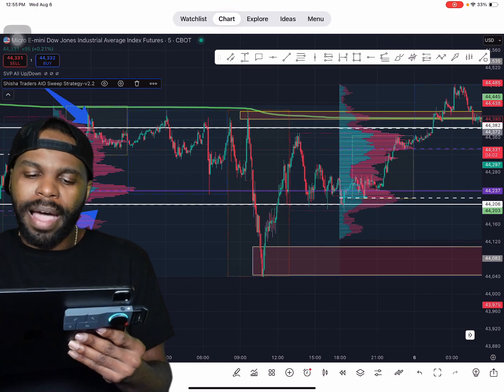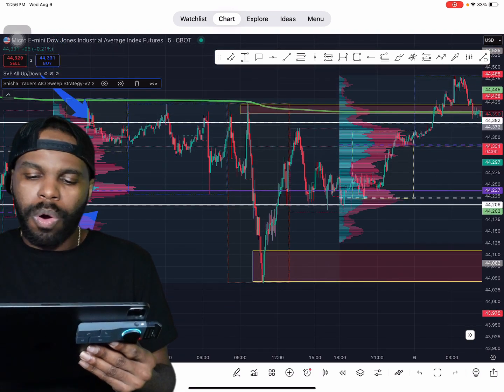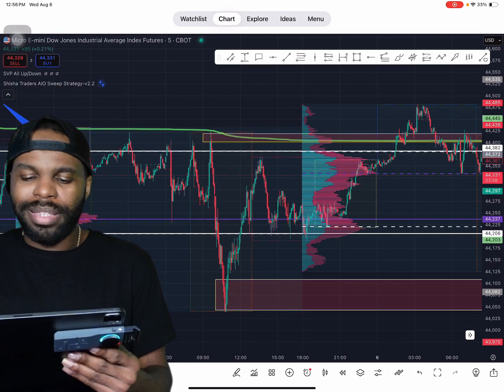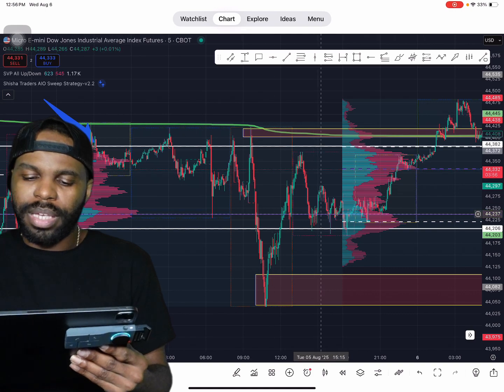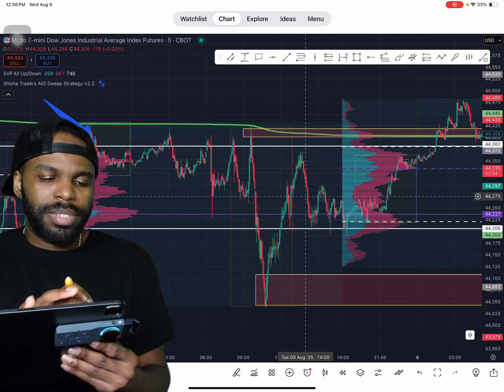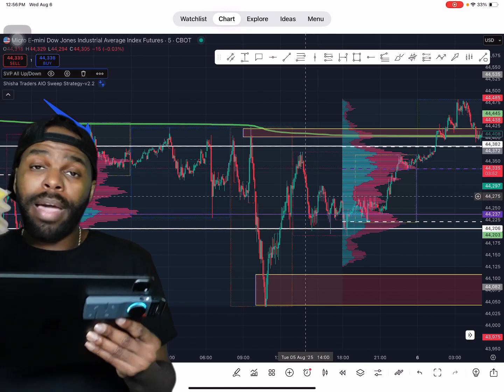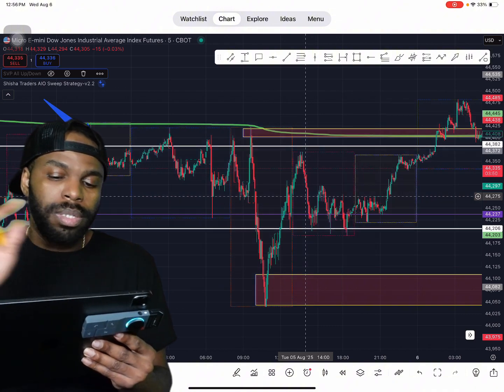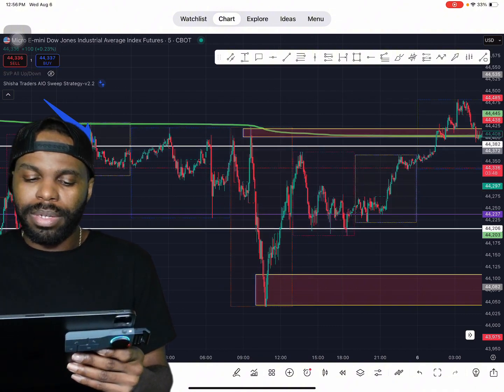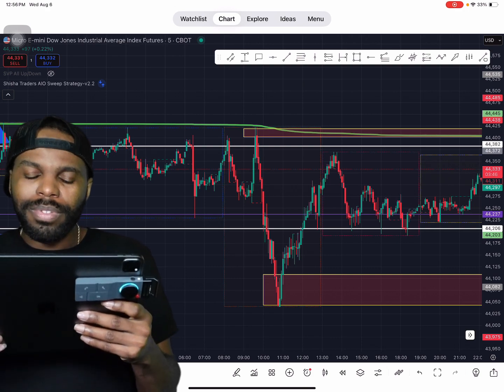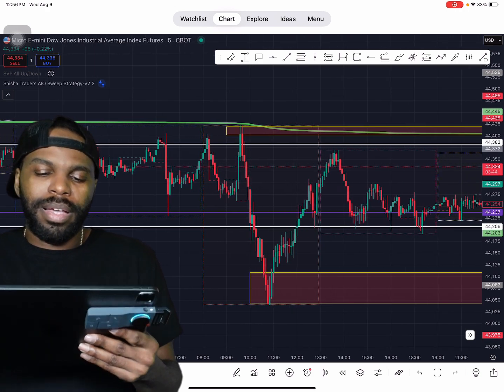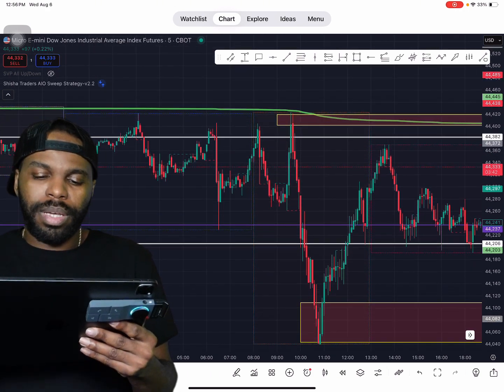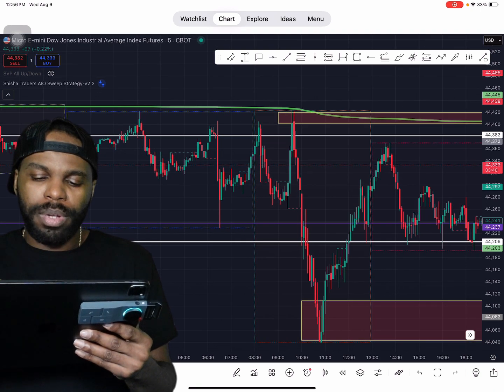Now going into today's session, let's pretend that this area is today's session. Like I said, after I mark up these key levels, I'm going to hide the indicator, because I don't want that on my chart. And again, as you can see, price, US session open up over here.